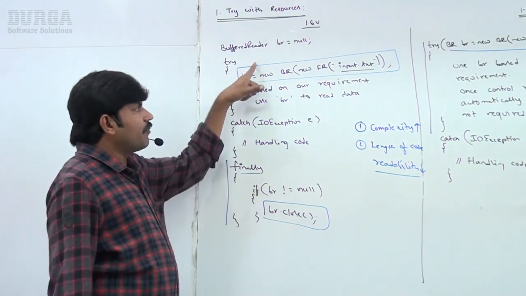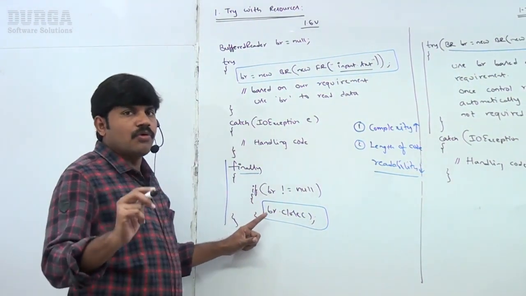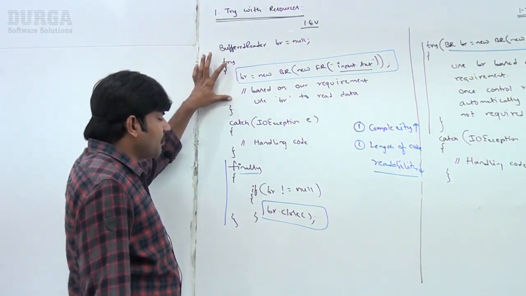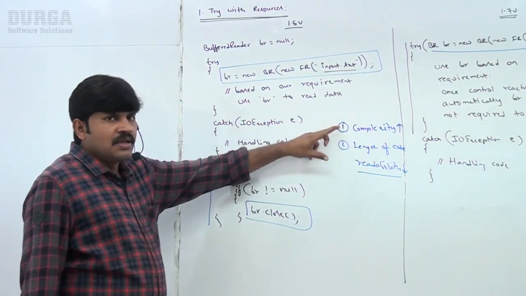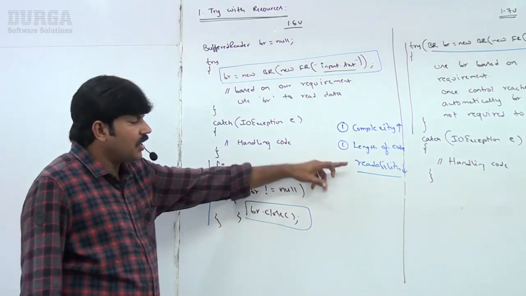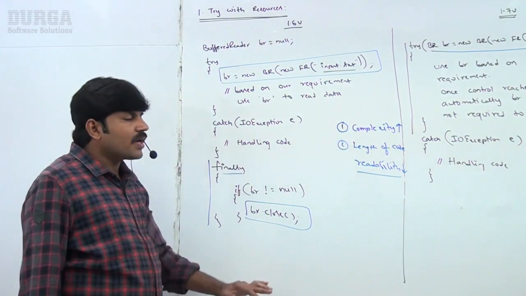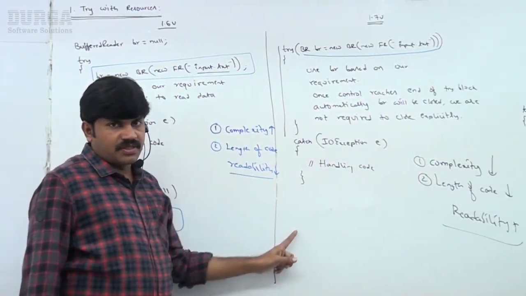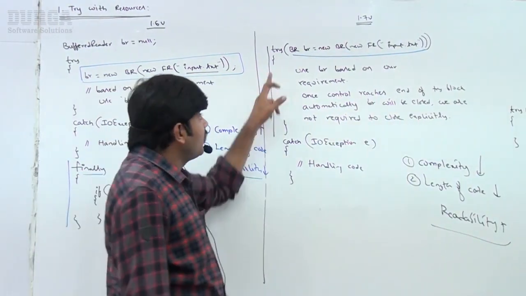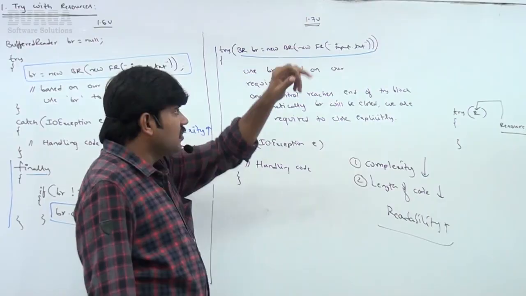Until 1.6 version, we should close the resources which are opened as part of the try block inside the finally block. Complexity increases, length of the code is going to increase, readability will be down. To overcome this problem, try-with-resources came in 1.7 version. What is the syntax for try-with-resources? Try, this is the resource.